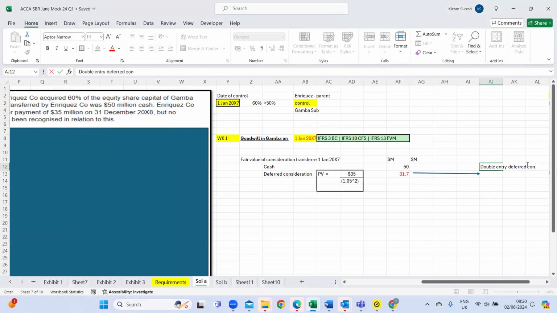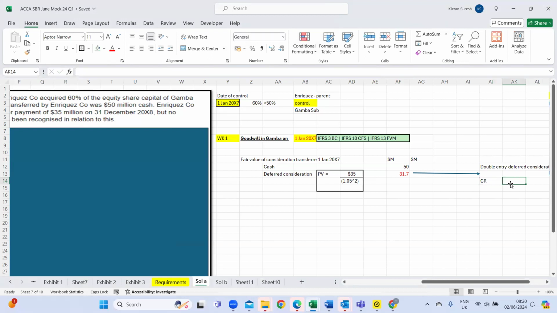Deferred consideration liability. Why is it a liability? Because we haven't paid. We're going to pay later. So it has to be a liability. So what is the double entry? It's always easiest to start by thinking of the liability. A liability is always a credit balance.